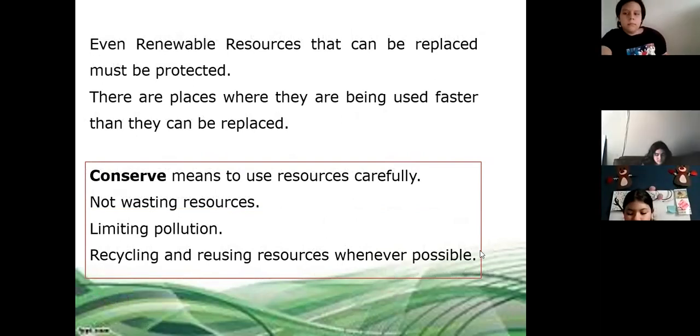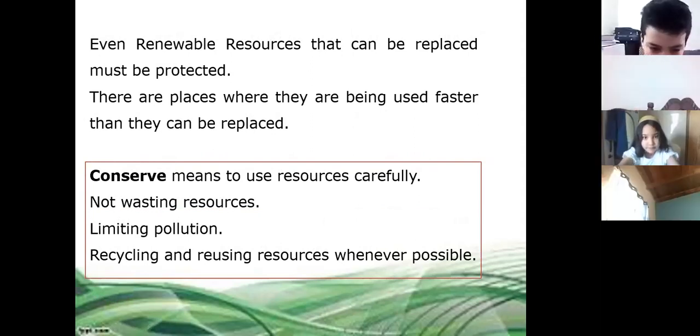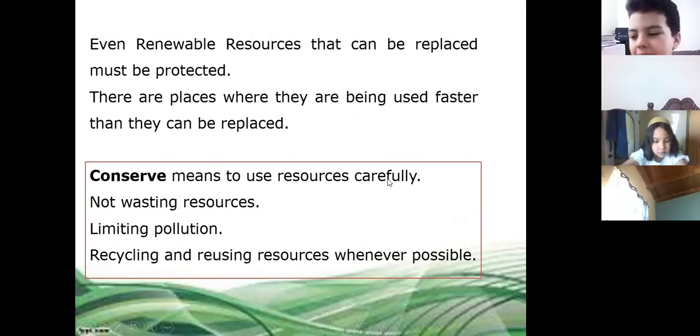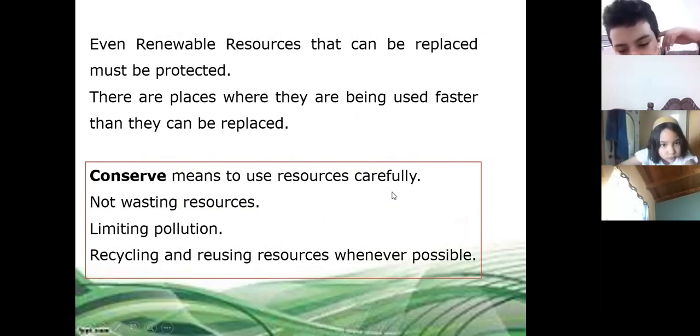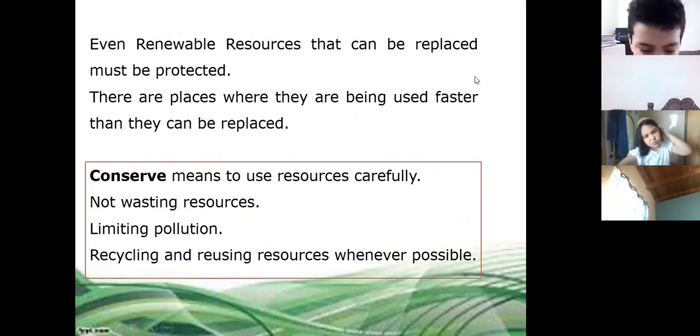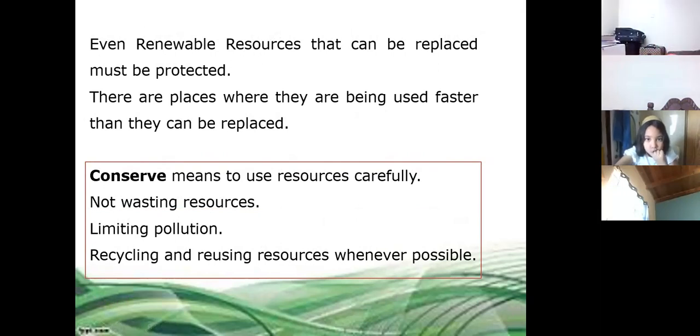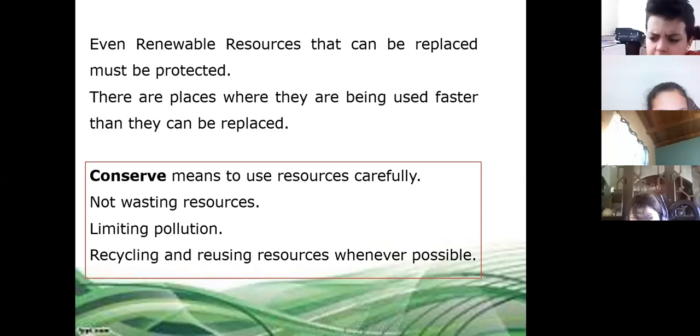We have another definition. No, you don't have to copy. You already copied this in your notebook. We have the meaning of conserve. What is conserve, class? What does it mean? Means to use resources carefully, not wasting resources, limiting pollution, recycling, and reusing resources whenever possible. That's right.